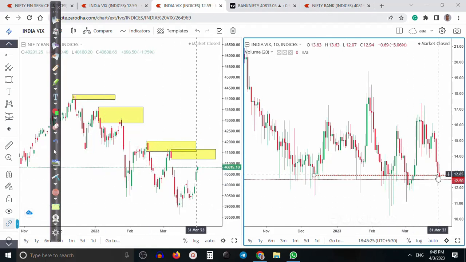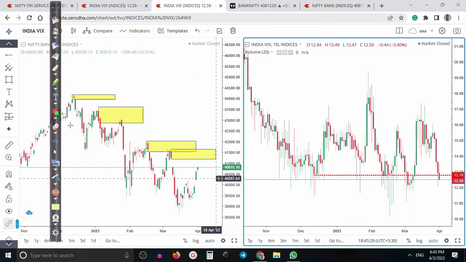Similarly, VIX is right now near this level. So if it goes to this level, there is a probability of a drop from here. That is why I'm not interested in taking any buy position, and I don't want to hold my buying position for the long term. It's the most important level.